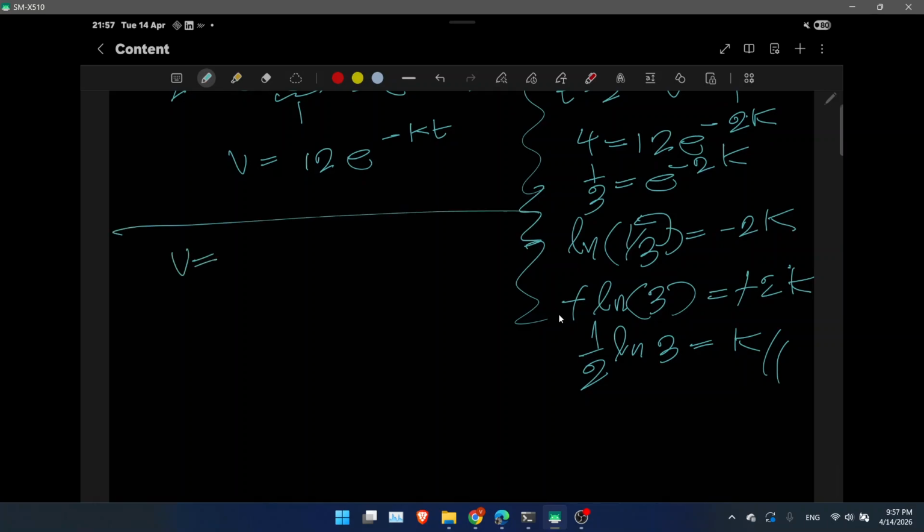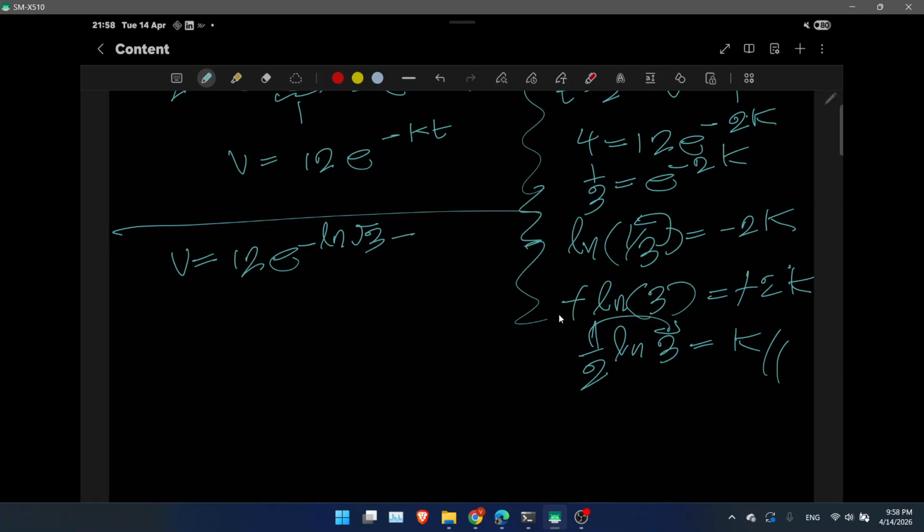So the final equation is 12 times e to the minus k t. K means ln root 3. This half can be put inside the ln 3. So you see that we use so many basic things here to simplify.